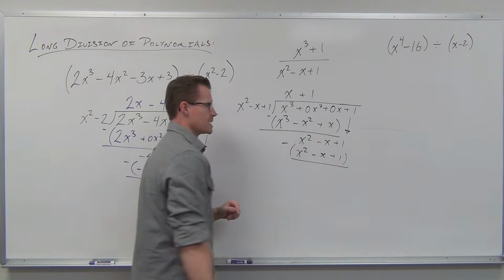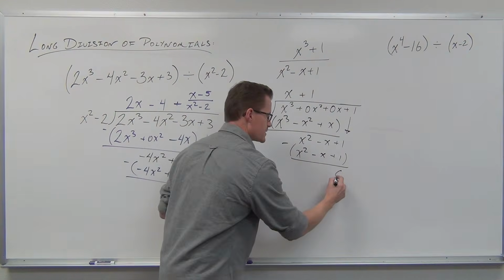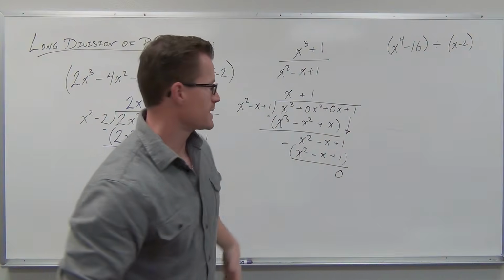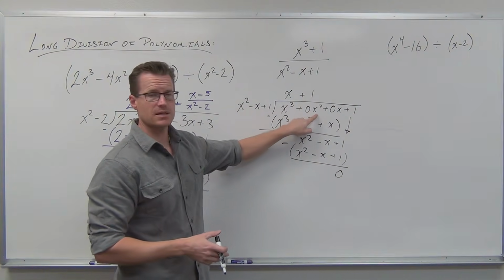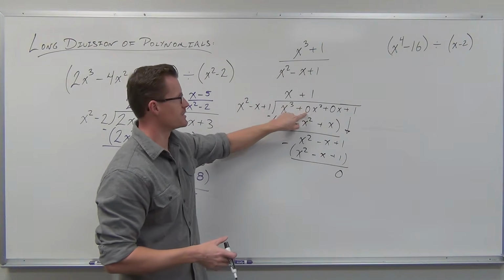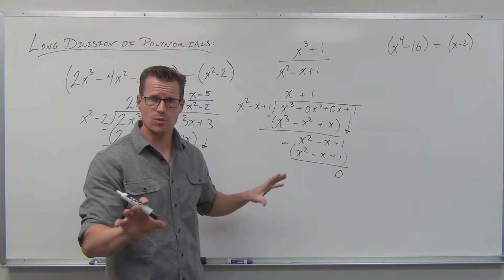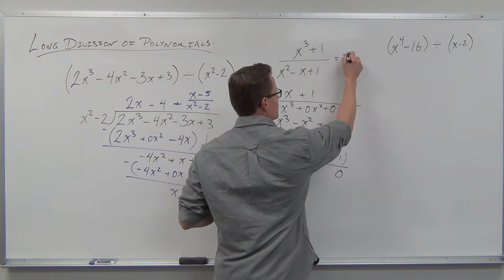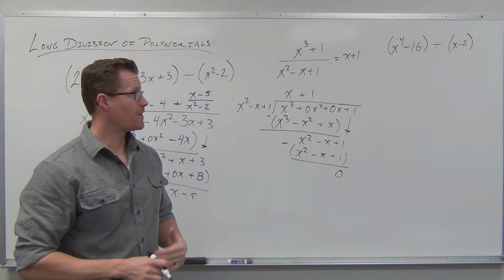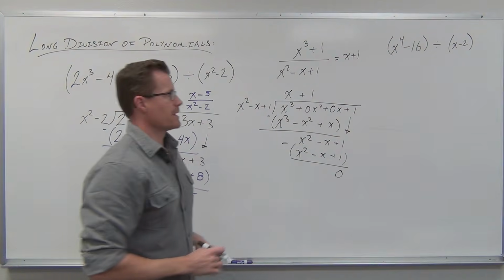You get exactly the same thing. When you subtract it, you get 0. Think about what that's telling you. You got a remainder of 0. That says that this divided this evenly. It said that this is a factor of this, and your quotient has no remainder. We just really simplified that problem. That's pretty cool.